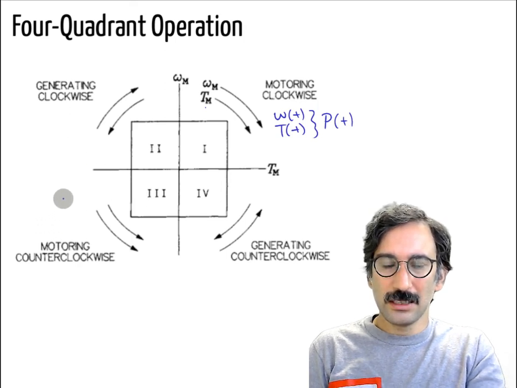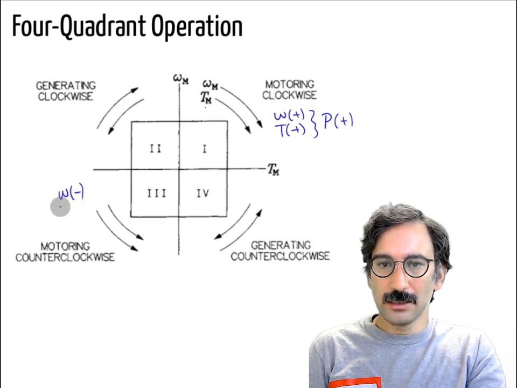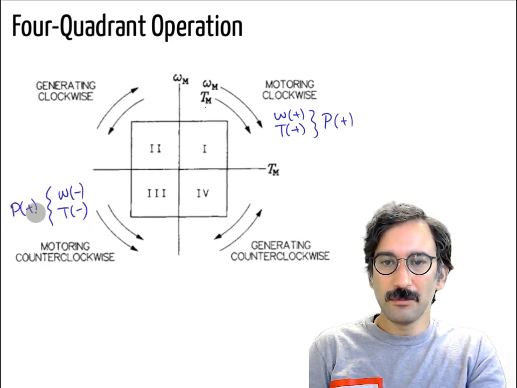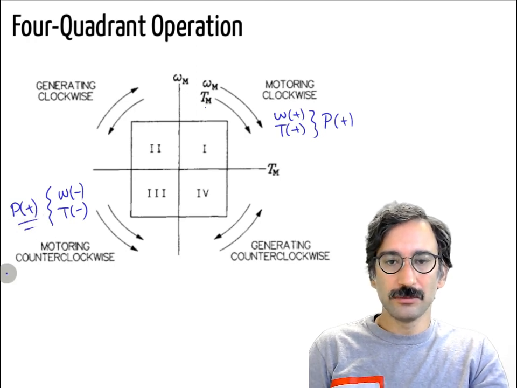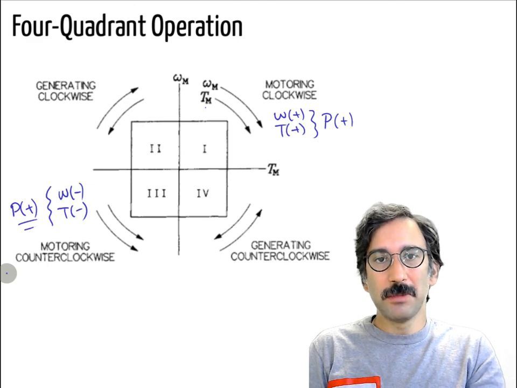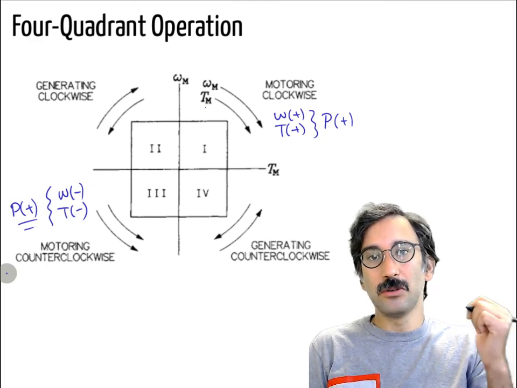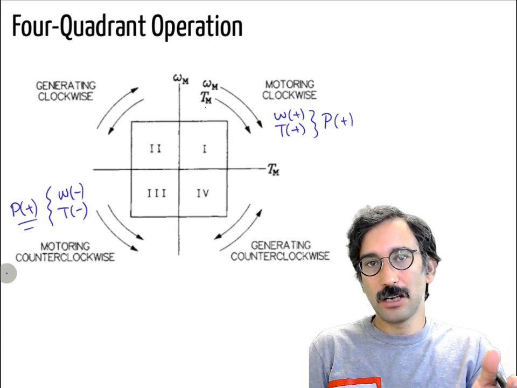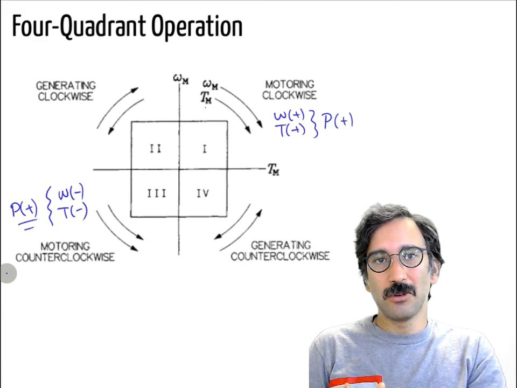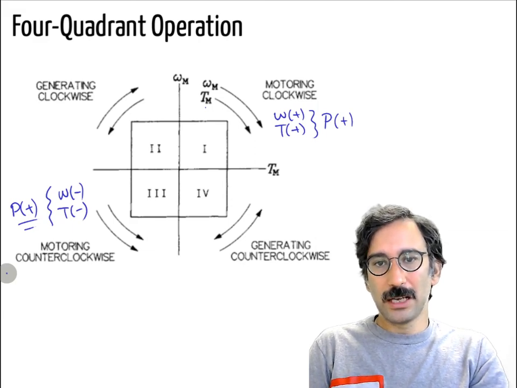In the third quadrant, you have speed negative and torque negative. If both are negative, you still have positive power. So that means you are still producing some mechanical energy, but in the opposite direction. You can drive your car forward, or you can drive your car in reverse, but in each case you are converting electrical energy to mechanical energy.